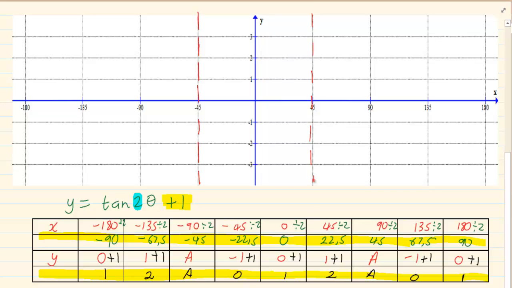Then what are we plotting? We got minus 90 and 1, and then we have minus 67,5 and 2. That would be between this, and so what happens to the graph is it is going like this. Then we have minus 22,5 and 0.